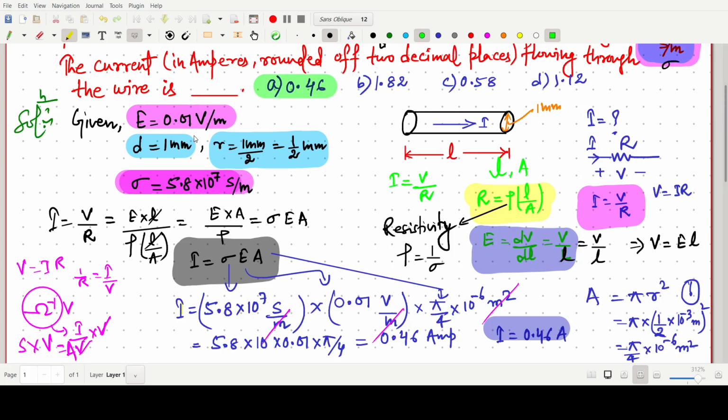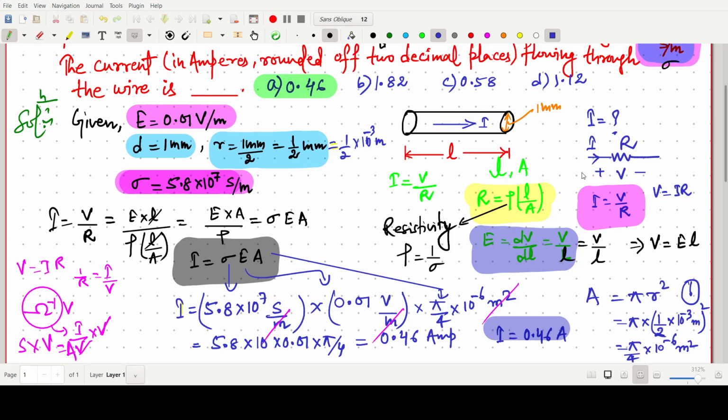The basic thing is that electric field is given, diameter is given, so you have to write the radius as 1 by 2 mm, which is 1 by 2 into 10 to the power minus 3 meter. Sigma is I L by V A, and V equals E into L, we got dV by dL.